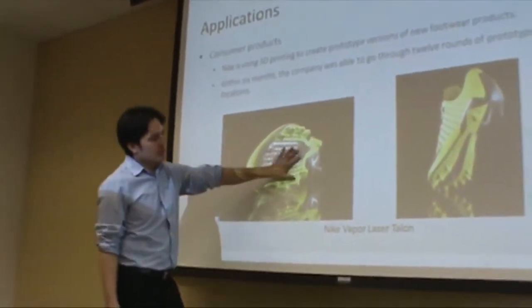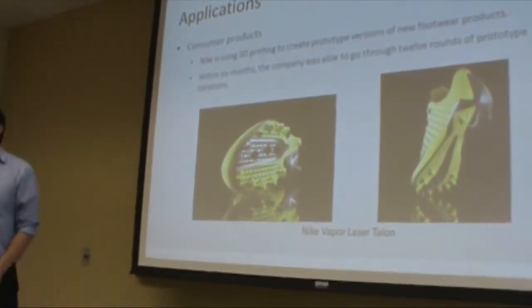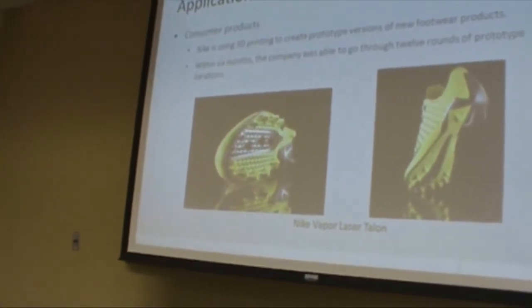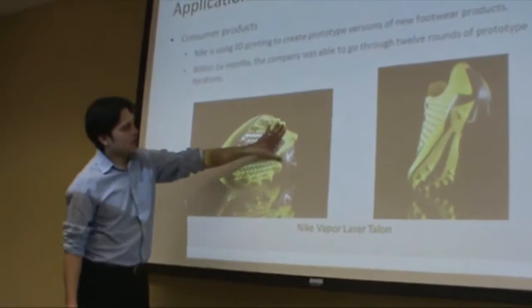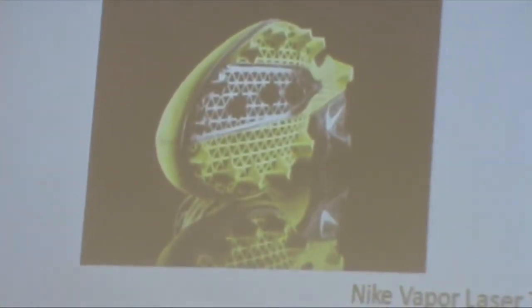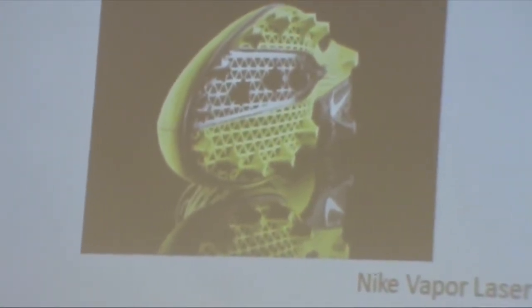What's shown here is the first shoe produced using rapid prototyping technology. They printed out the bottom part of the shoe, and this shoe is for an NFL football player, so it's really for a specific group.